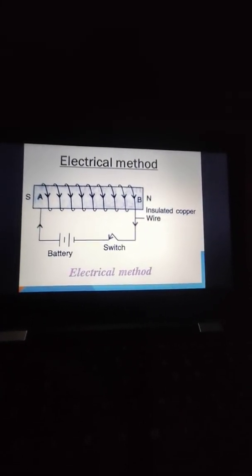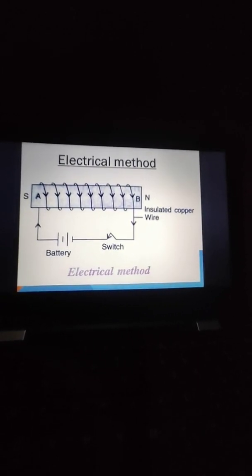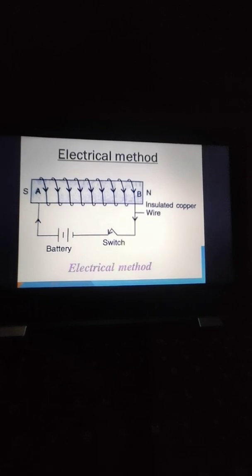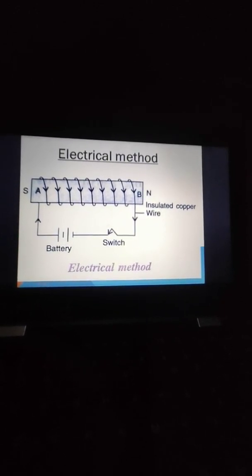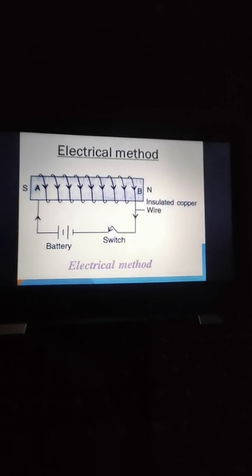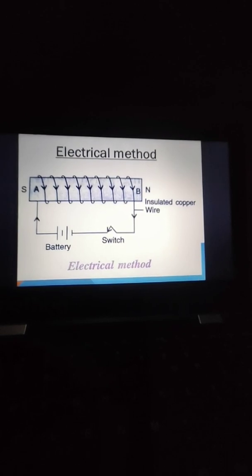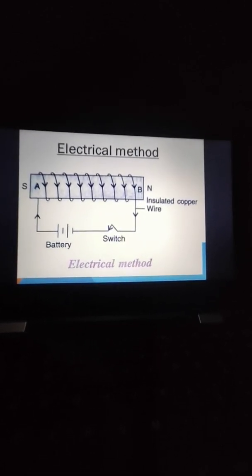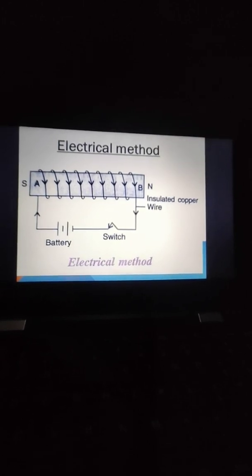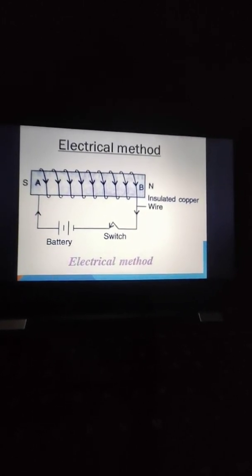In the electrical method, beta, we are given an iron bar AB around which several turns of insulated copper wire are bound. What we have to do is connect the ends of the wire to a battery as shown in your figure. Then you press the switch, and after some time you will see that the bar AB has become a magnet.